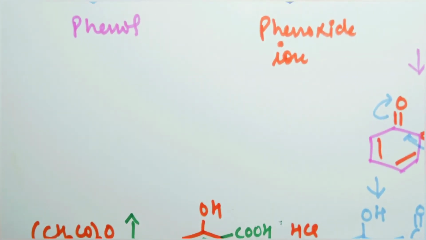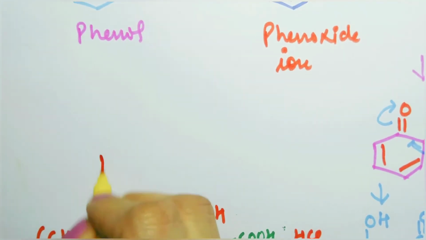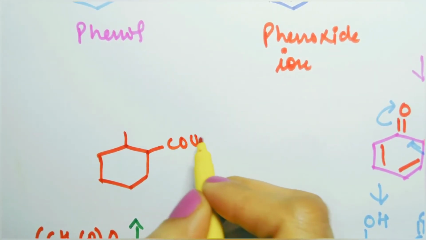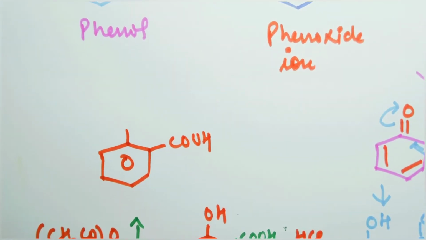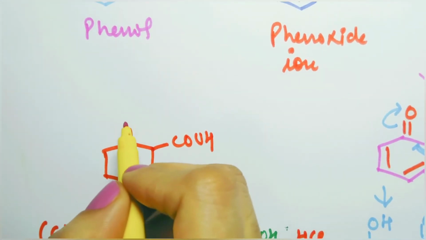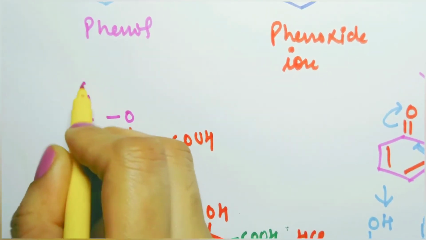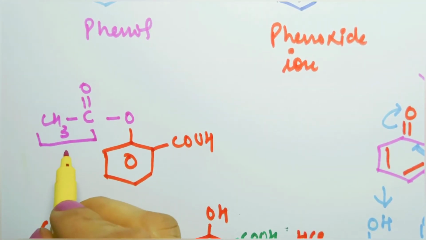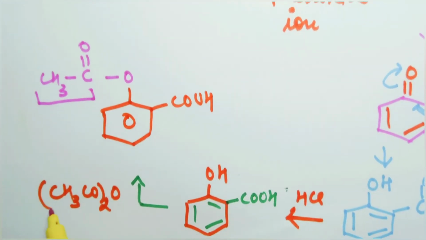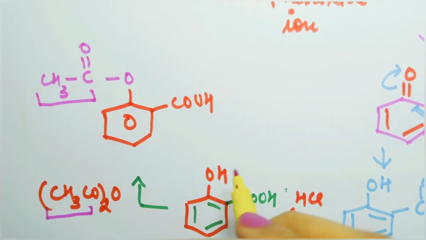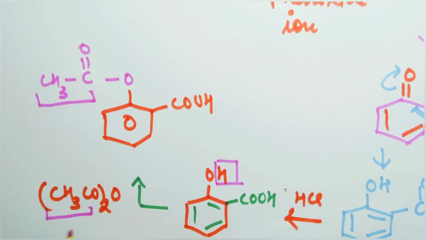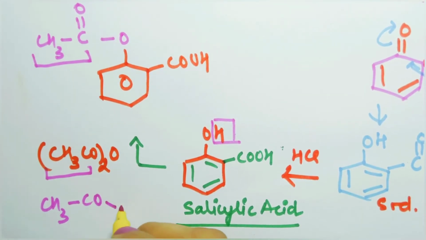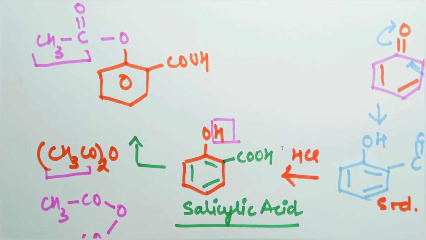On reaction with this, it results in formation of COOH, which will remain as it is, and here we are having O, C double bond O, CH3, the acetyl group insertion will be there. From here, H will be removed. Here we are having C, CH3, I am expanding it, CO, O, CO, CH3.